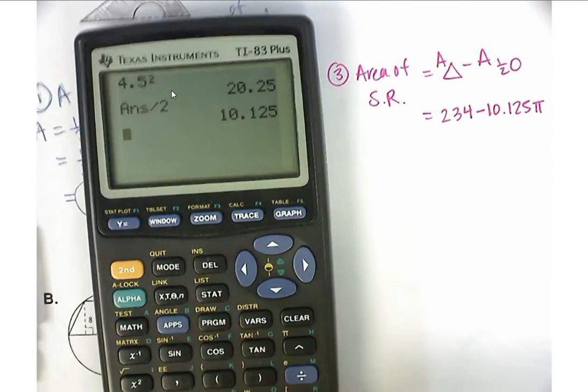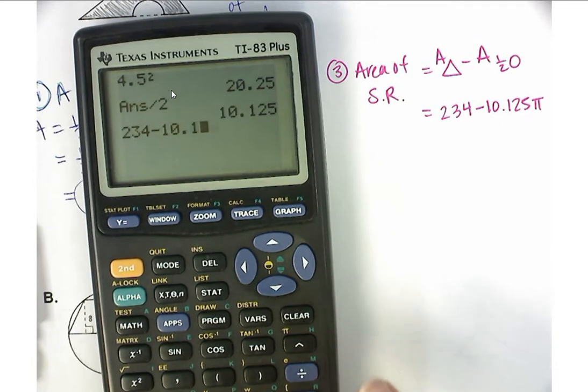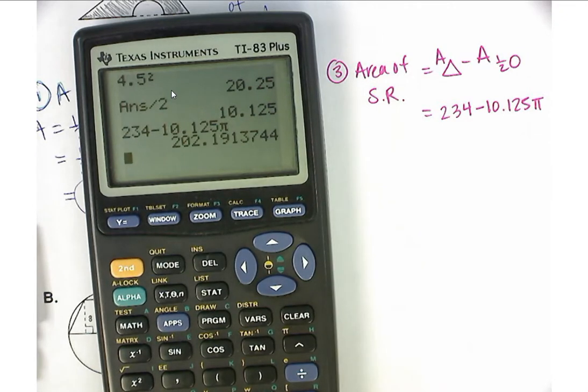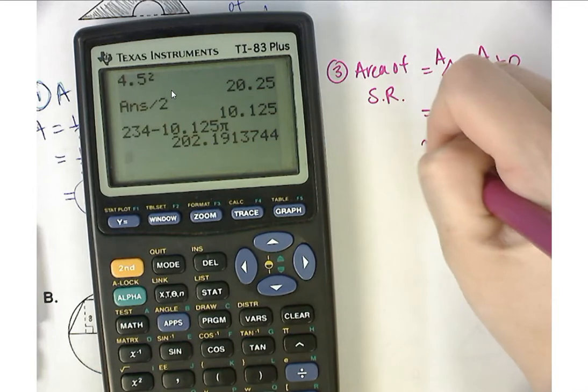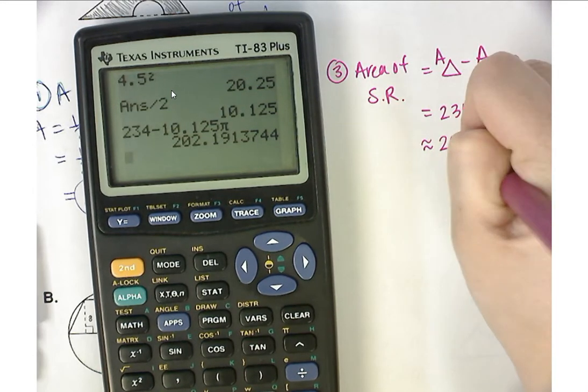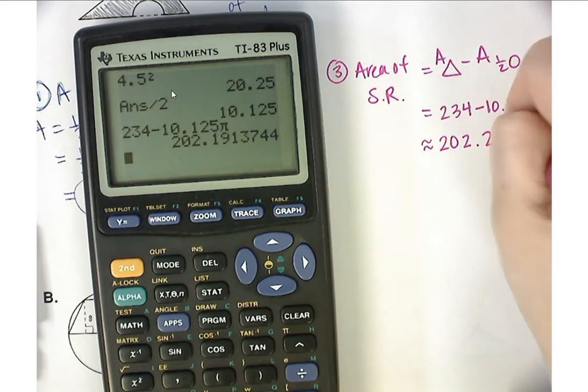Okay, so I will do 234 minus 10.125 times pi. Okay, and this still says to round to the nearest tenth. So this will be 202.2. And then the units are going to be feet squared.